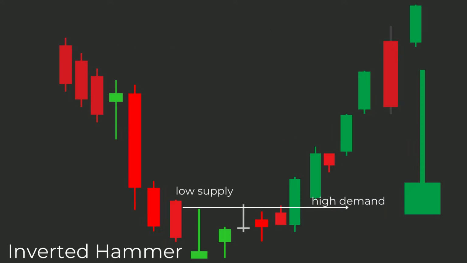Inverted hammer appears at the bottom of a downtrend. Small real body at the bottom, long upper shadow, little to no lower shadow. It's a bullish reversal indicating potential upward movement. Need to wait for the next candle to close higher. Shooting star appears at the top of an uptrend.